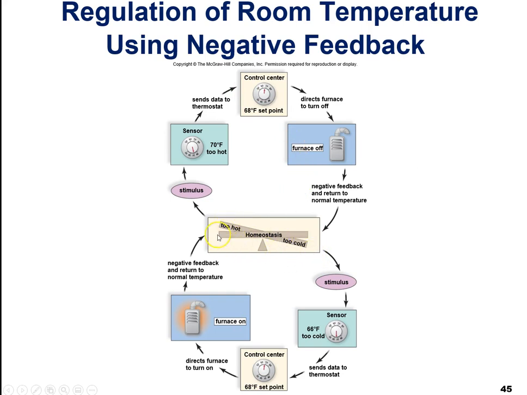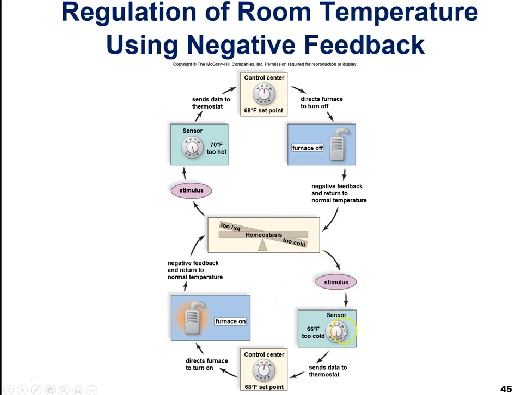If it gets too hot, that is going to be sensed by this sensor because it's 70 degrees, not 68, and it sends that data to the thermostat. The thermometer essentially is the sensor here. This thermostat then directs the furnace to turn off. Why? Because it's producing too much heat, okay? And then you return to normal temperature. Opposite of that, if it's too cold, again, that stimulus is that it's too cold, right?